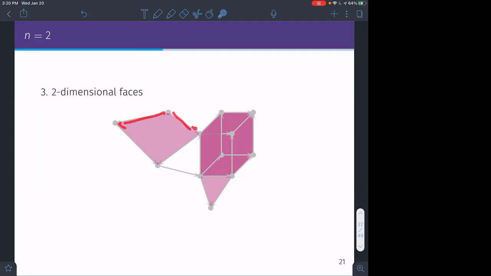So the squares that are consistently oriented, exactly as I define them as products of edges, are included. That is also all of these square faces on the cube. That is also this triangle, but note that this triangle over here is not included because this is a cycle. Since this triangle is not consistently oriented, I do not include it. And if I go up one more dimension, I notice that this cube is actually a consistently oriented cube. It is a prodsimplicial cube, so I also fill it in. I do indeed have a solid three-dimensional cube in this graph.